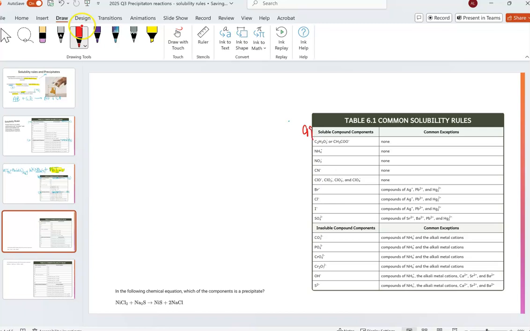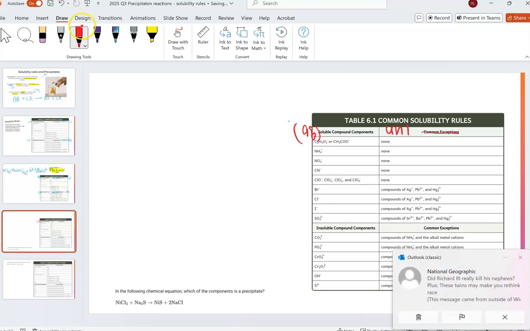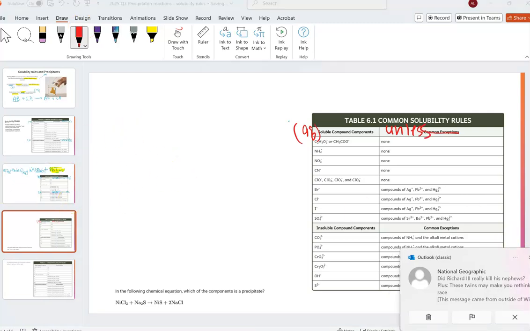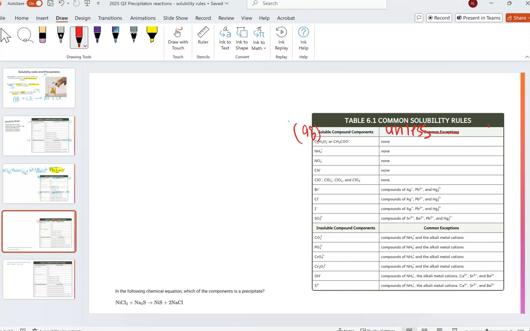Soluble is AQ. Common exceptions is unless. And then unless, then it would be soluble. Insoluble is solid. Common exceptions are unless. And then it would be aqueous.